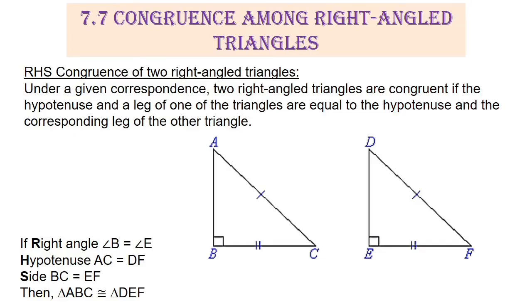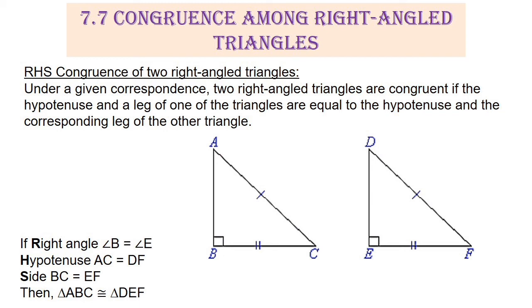Congruence among right-angled triangles. RHS congruence of two right-angled triangles. Under a given correspondence, two right-angled triangles are congruent if the hypotenuse and a leg of one of the triangles are equal to the hypotenuse and the corresponding leg of the other triangle.